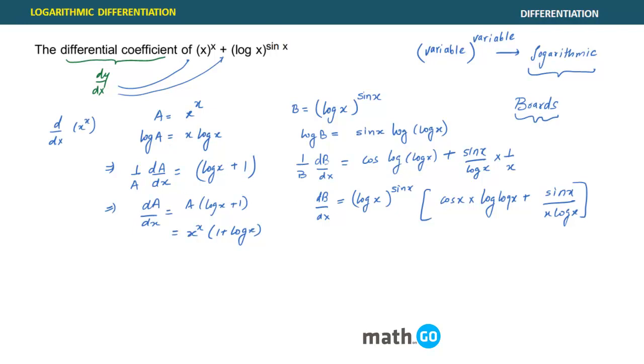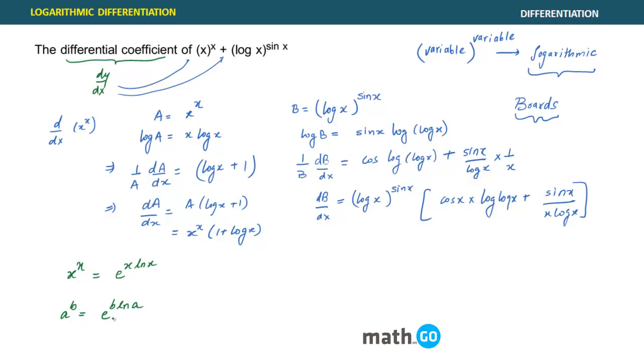Though there is a shortcut for solving the variable raised to power variable form, let's see how it is. For example, it is given to be x raised to power x. I can use the formula of exponentials. Those people who do not know this formula: a raised to power b is nothing but e raised to b ln a.